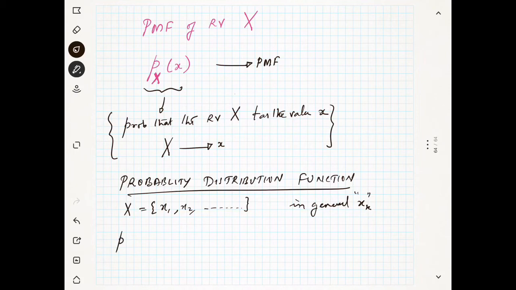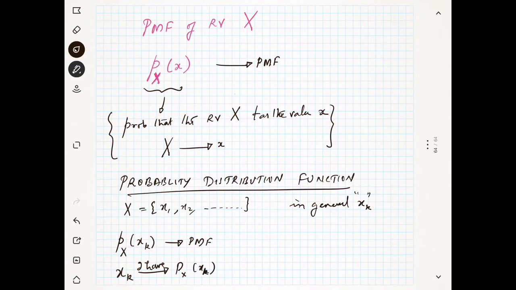Then the probability that the random variable takes the value xk is nothing but the probability mass function. That means for each xk I have a probability mass function.